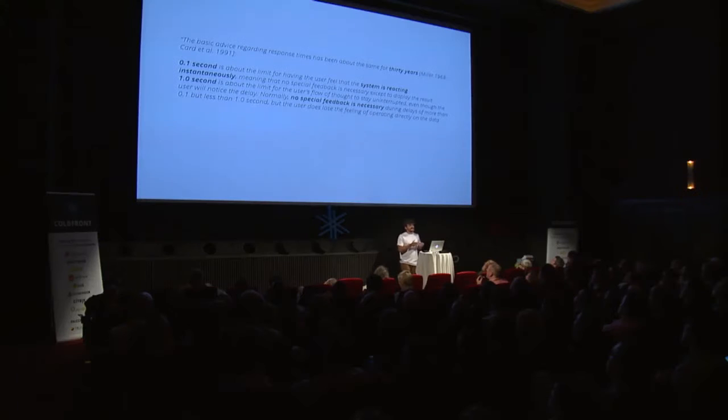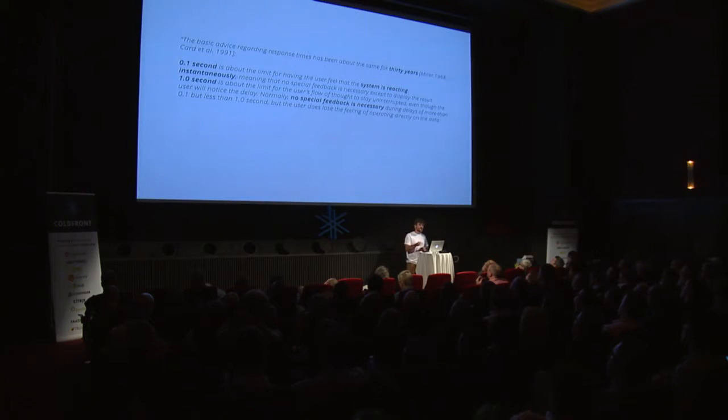Some of the conclusions are that 0.1 second is how fast people need a reaction to feel like they're operating directly on the data. And the example that I think about when I think about this is spreadsheets, where there's no latency between selecting a cell and typing and the idea that you're persisting the data. 1 second is the limit at which the user feels it's instant.